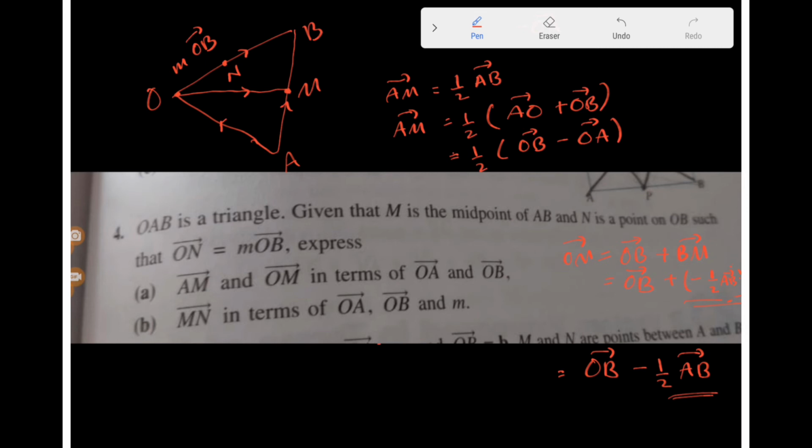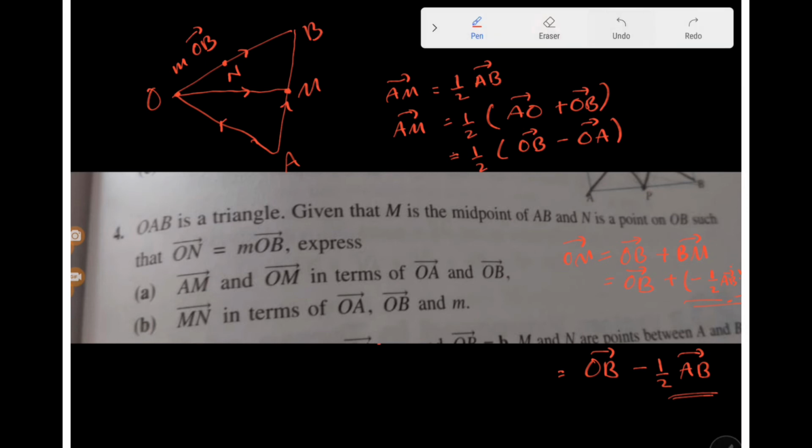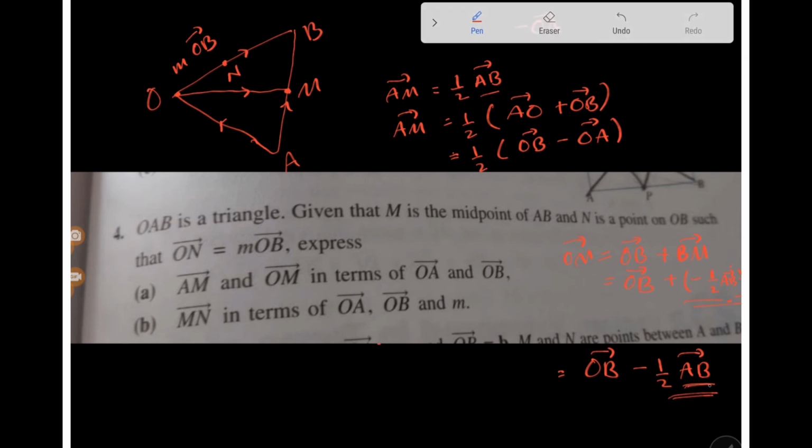A while ago, in the first part to find AM, we found that AB is actually AO plus OB, so we rewrite that to substitute AB down here.